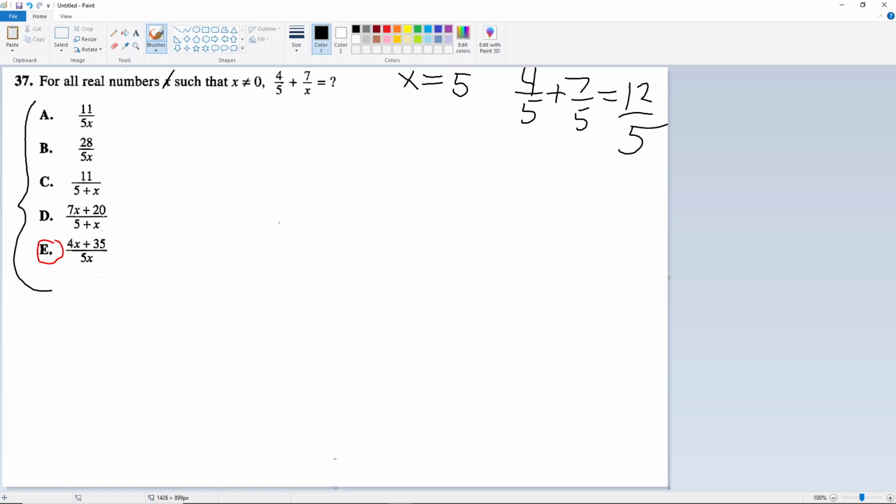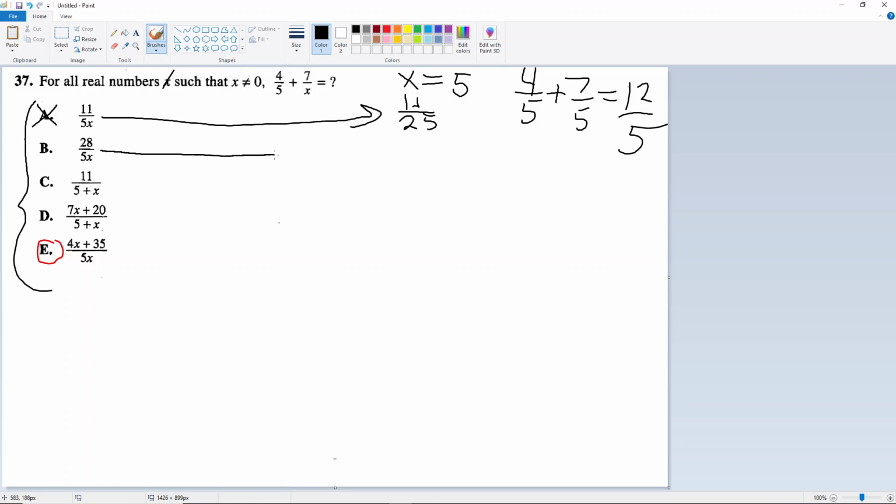Again, maybe more than one does, but hopefully only one will. So let me try A. I'm going to just write them over here. We have 11 over 5 times 5, which is 25. 11/25 does not equal 12/5. So A is out. I've eliminated it forever. So now even if more than one works with x equals 5, I never have to check another one with A.